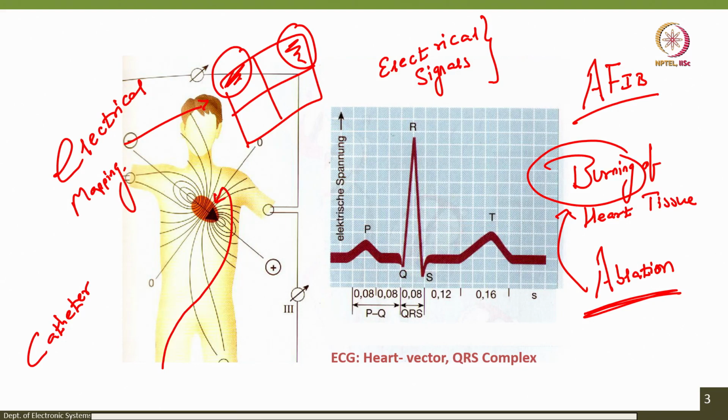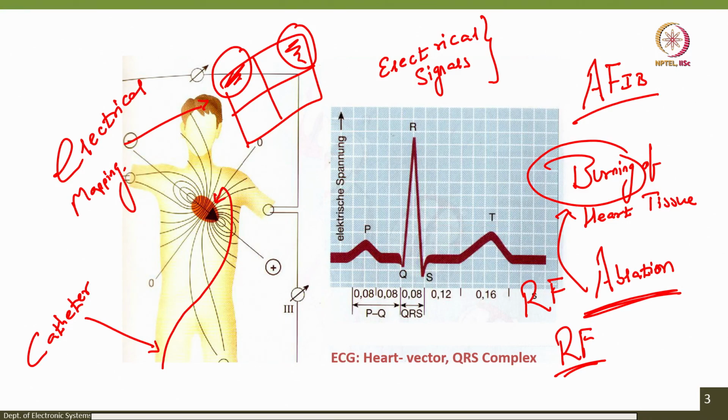Now, ablation of the heart tissue can be done by a catheter, that much we know, but how to ablate it? We use something called radio frequency, that is why it is called RF ablation. What is radio frequency? When we apply radio frequency to the tissue, it will start heating the tissue and ultimately cause the burning of the tissue. So, the tissue will not conduct and the activity will be regained.